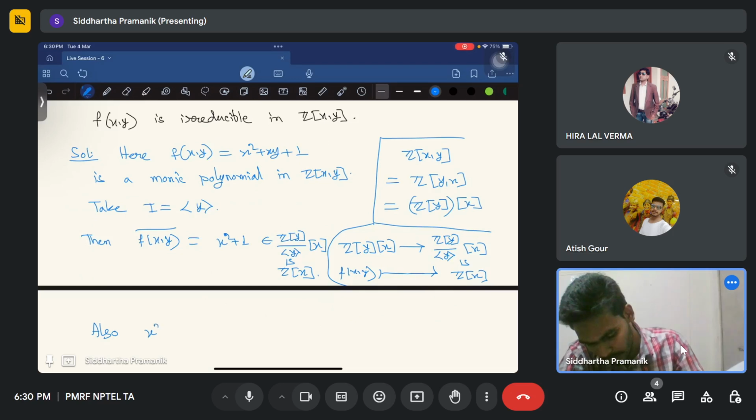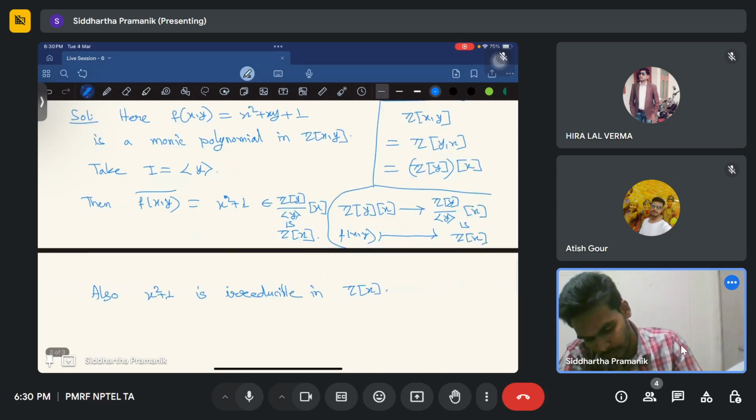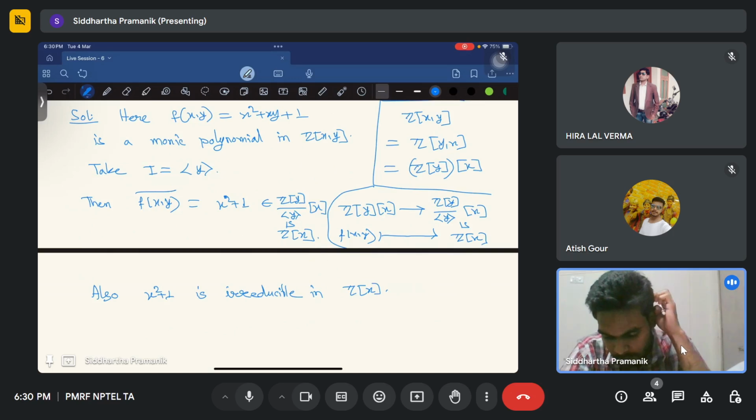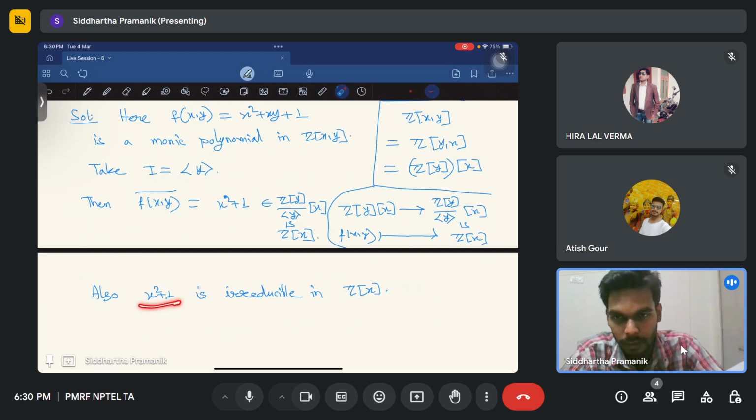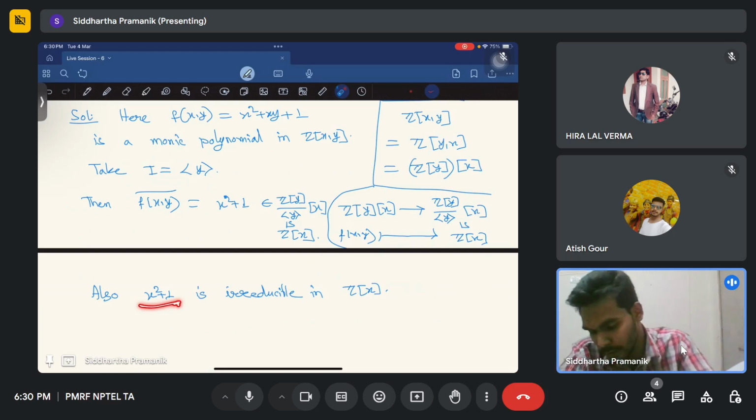Also, x squared plus 1 is irreducible in Z[x], by our earlier result. Because this is a degree 2 polynomial, and it has no root in Z, you cannot factor this polynomial into smaller polynomials, so it has to be irreducible.